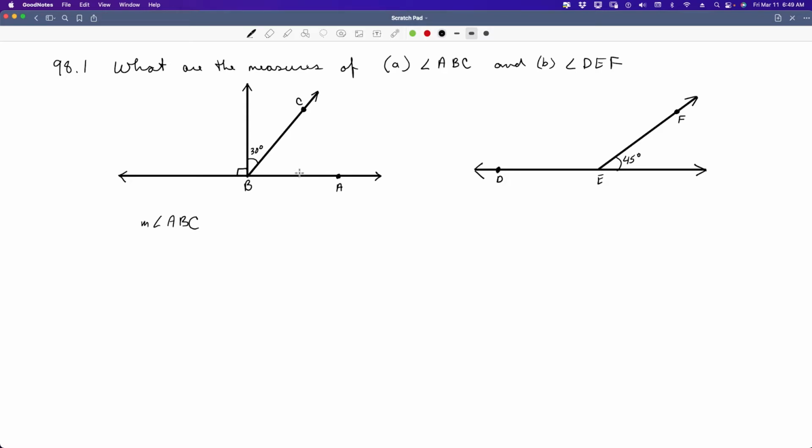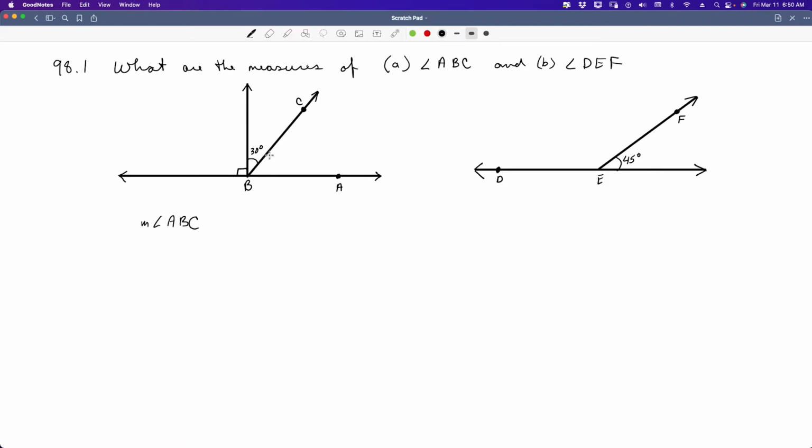It's a pair of right angles here. But then we've intersected it with this ray BC. So now they're no longer supplementary angles. Now we have a pair of complementary angles that makes up this set right here, these two angles. And this one is not labeled, but it's a 30-degree angle here.